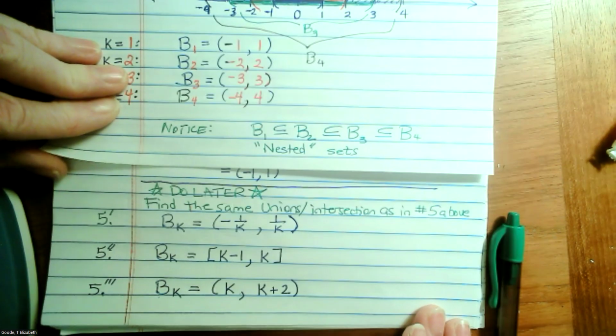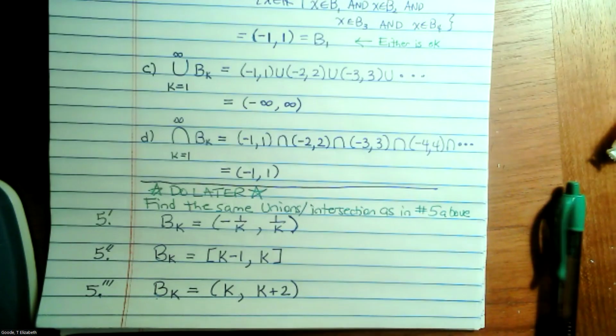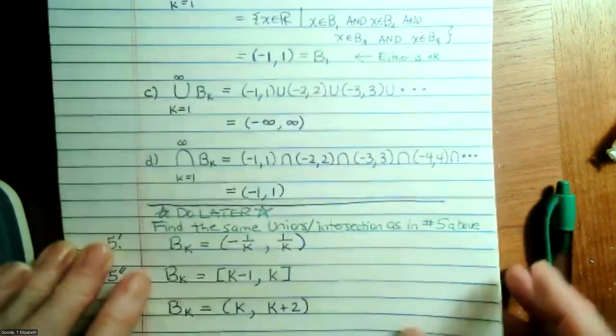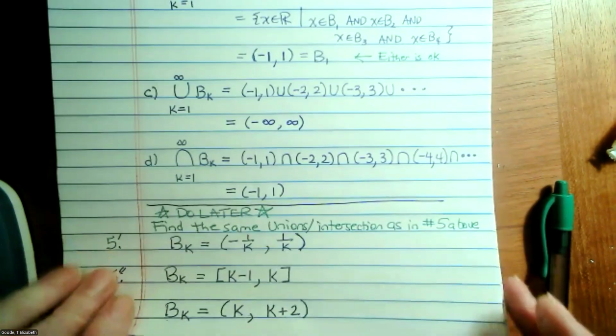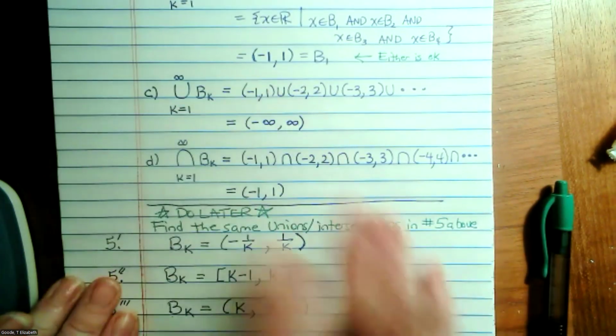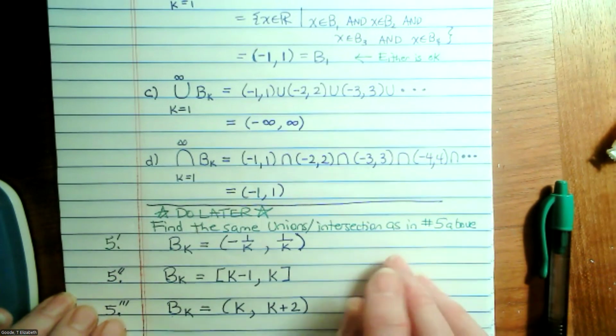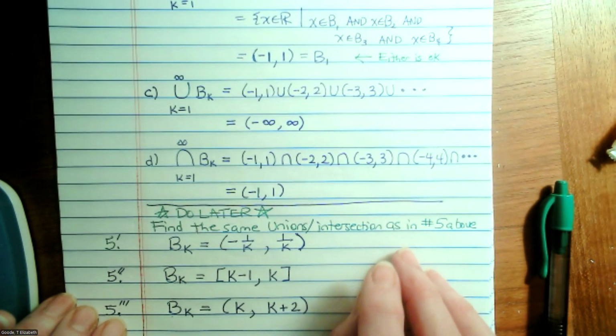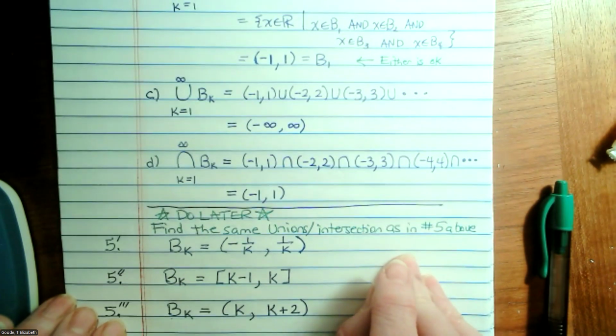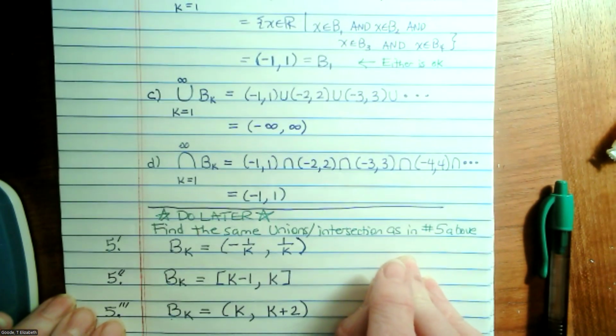So if you think carefully about them, by the time you're done with those, you're going to be an old pro at interval notation and indexed unions and intersections. I like these problems because they measure your mastery of a couple of different concepts, unions and intersections, as well as indexed sets.